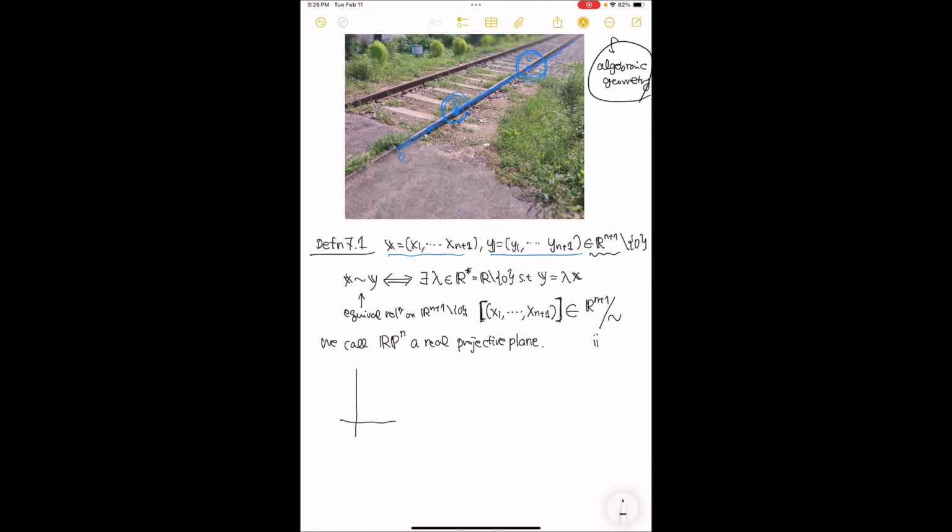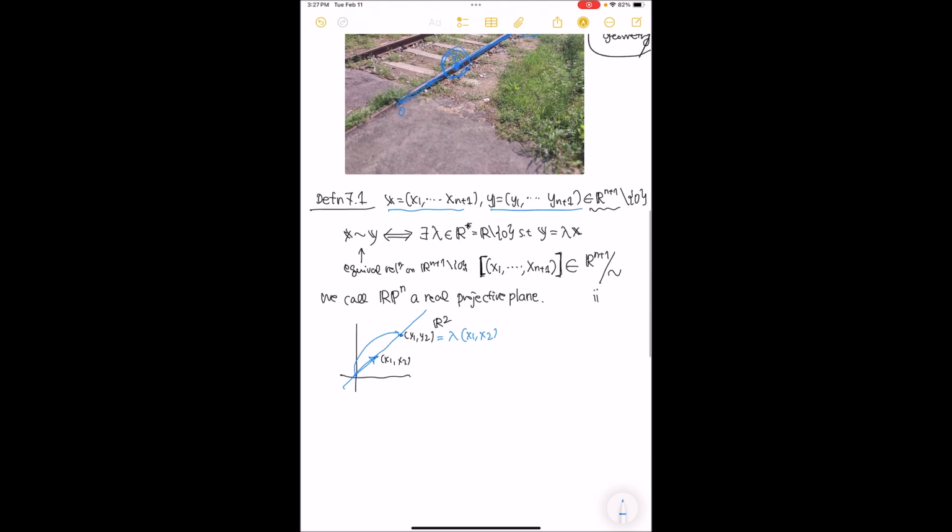So in the plane R^2, if two points are given, (x1, x2) and (y1, y2), and if we find a line like this, then we express the points as vectors: there exists lambda such that y = lambda x. Then we can regard the points as the same.